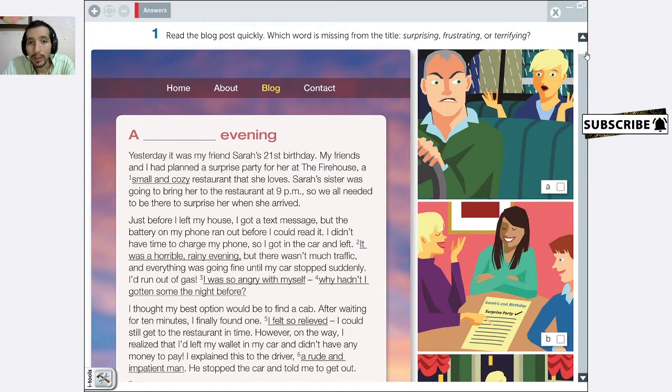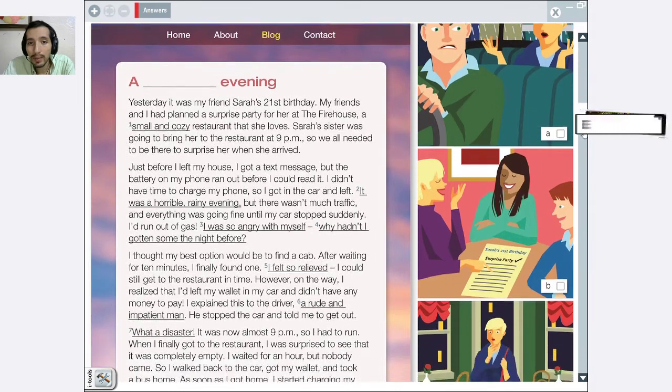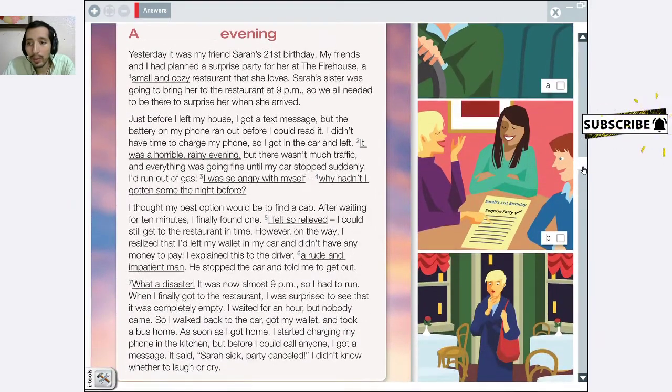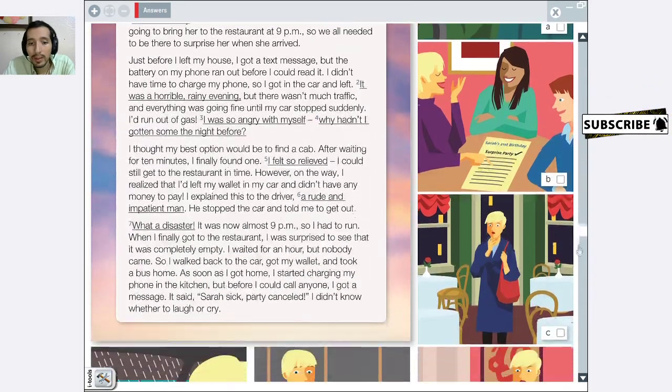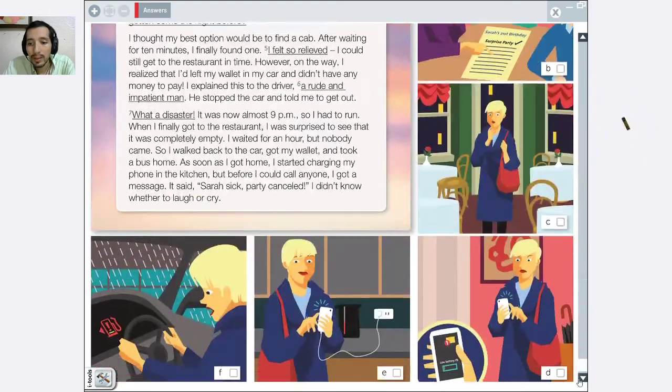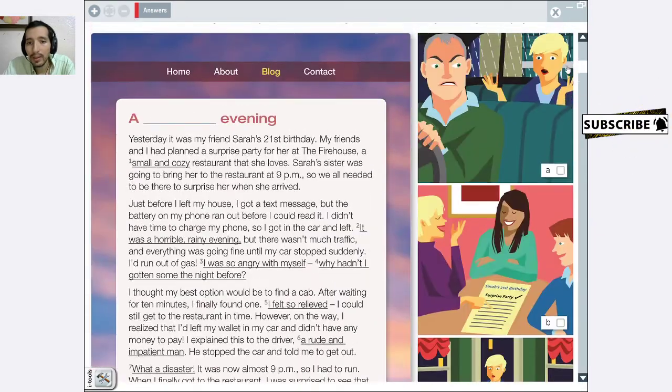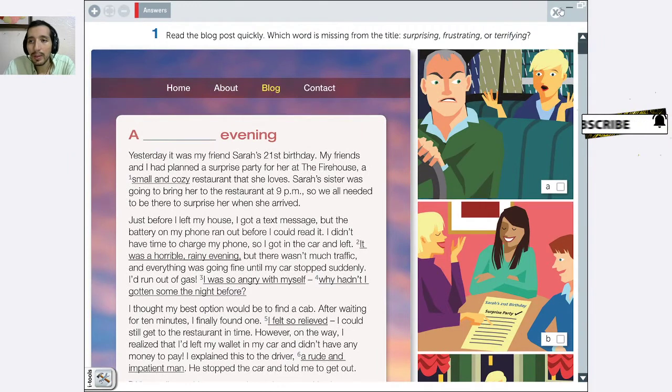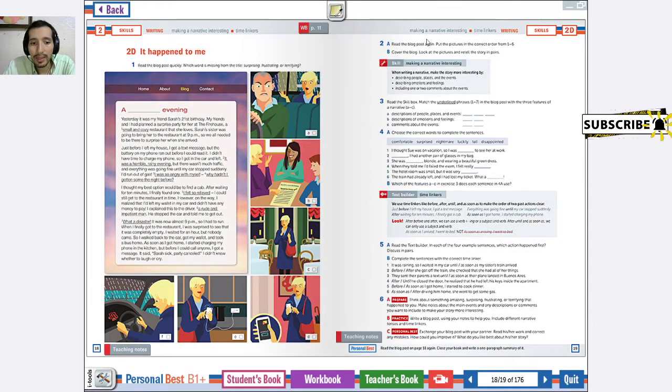Once you're done reading the blog, there you go. That's the whole blog. You see that? Simple. That's the first easy task. But wait, there's more.